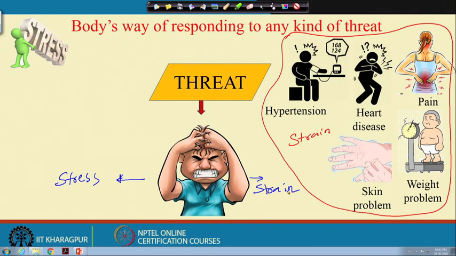Now, not just the human body. If a material is subjected to some kind of threat, then the material also experiences stress. Again, as I said, it is just an example. The threat is different for a material. But if the material is subjected to a different environment, then the material also experiences stress. And in the same way, that stress is something the material experiences, it cannot be visualized.